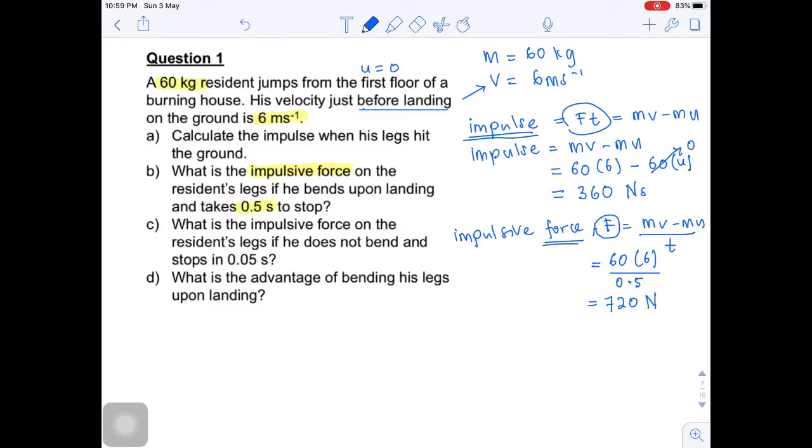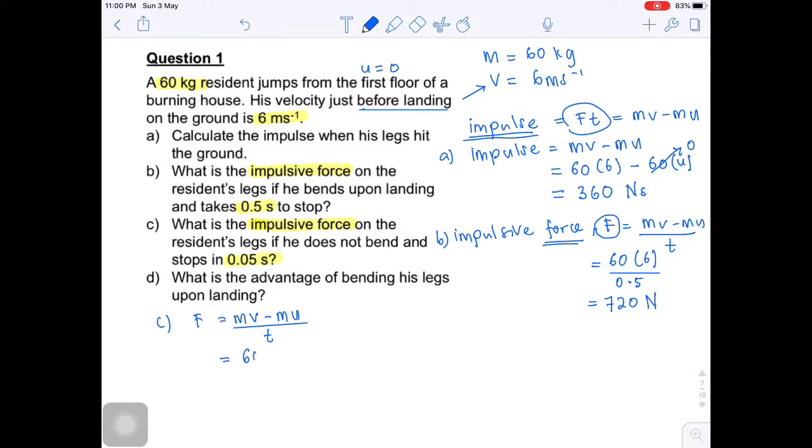Okay, this is question A, this is B, and now let's answer question C. What is the impulsive force on the resident's legs if he does not bend and stops in 0.05 seconds? Okay, so for C, impulsive force is F equal to mv minus mu divided by time.